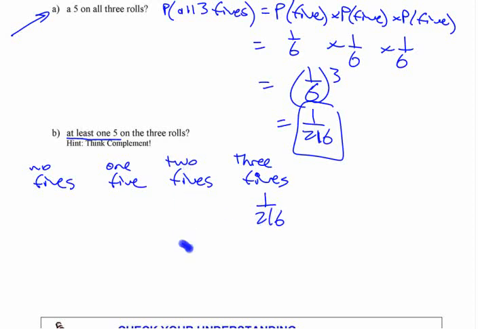2 5s, there's more than one way it can happen. There's only one way you can get all 3 5s. You can get a 5, then a 5, then a 5. But the other ones, there are different orders that can happen. So for this one, you can't just say the chance of getting 2 5s is 1/6 times 1/6 times, well, the other one has to not be a 5. That's the chance it's going to happen in that order, like the 3rd die is going to be a non-5.